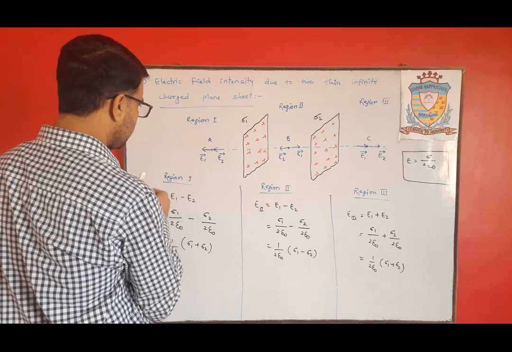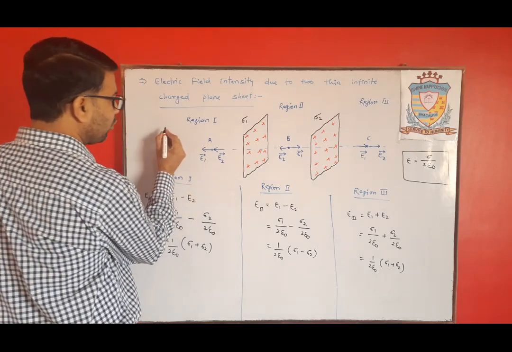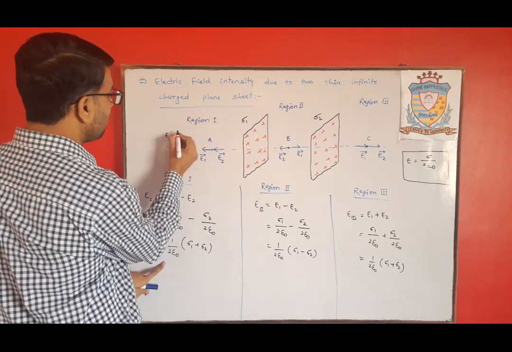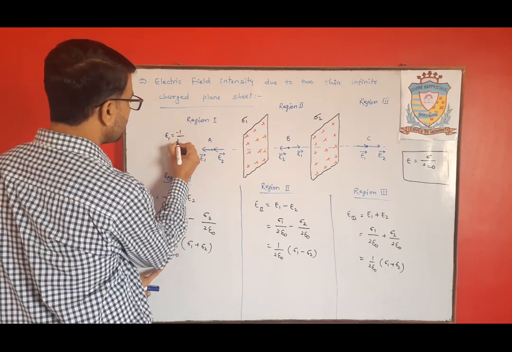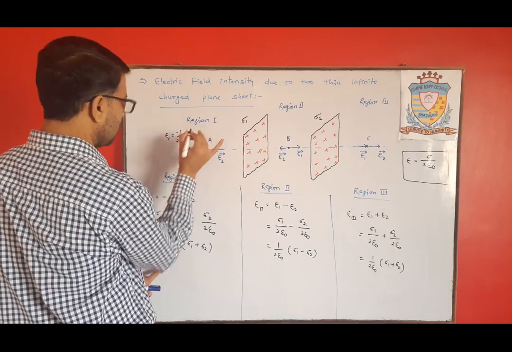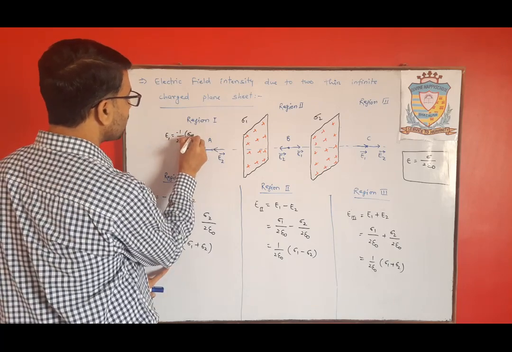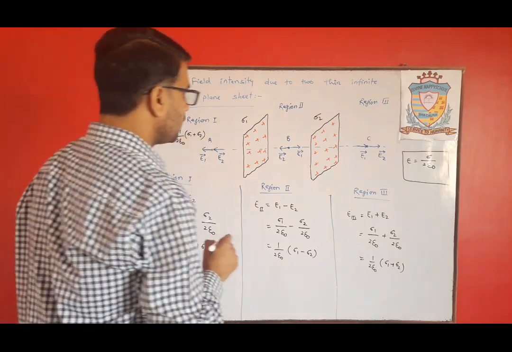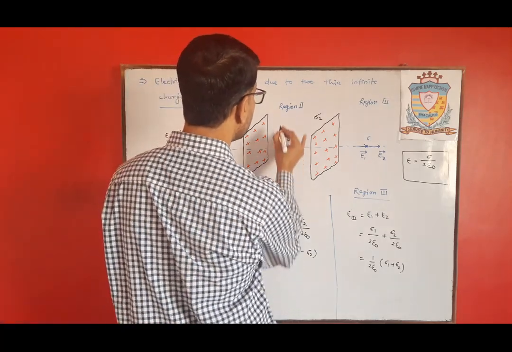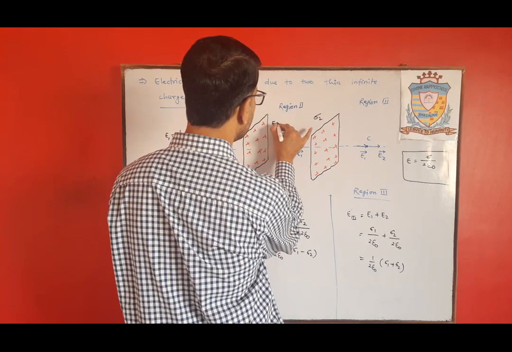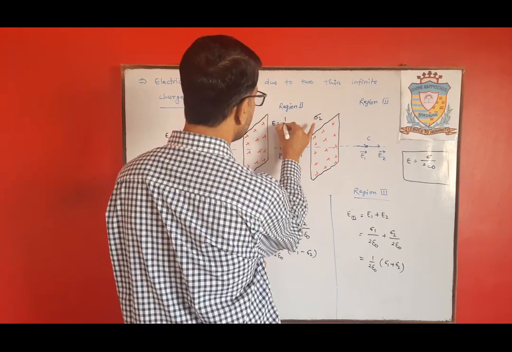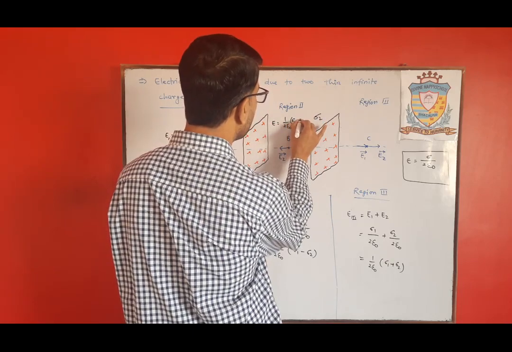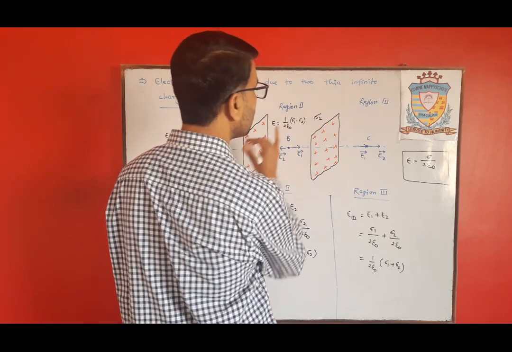So here at point A or in region A, electric field intensity will be minus 1 upon 2 epsilon naught, sigma 1 plus sigma 2. Okay. In region 2, electric field intensity will be 1 upon 2 epsilon naught, sigma 1 minus sigma 2.